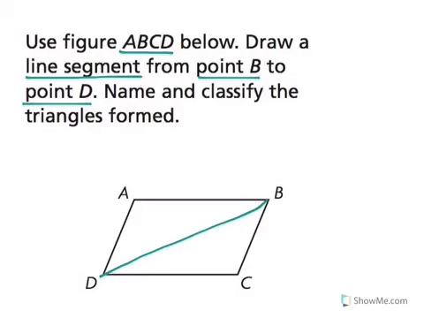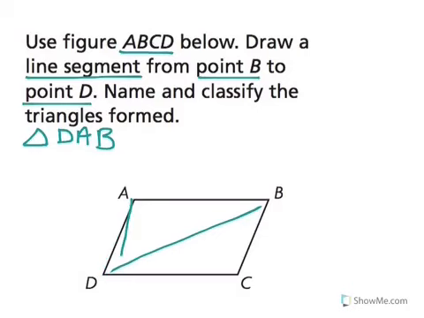Well, first, let's go ahead and name this one right here. This is triangle DAB. And what kind is it? Well, let me get my marks out of the way so I can really look at it.